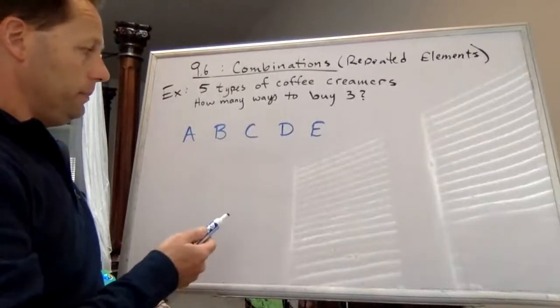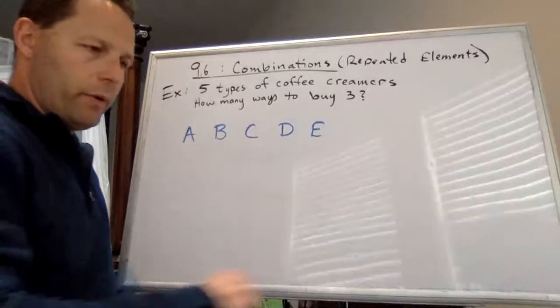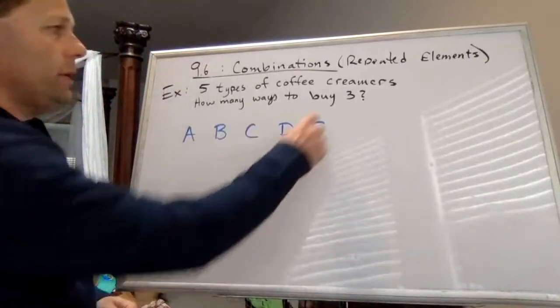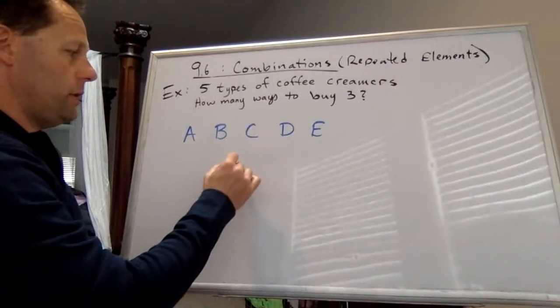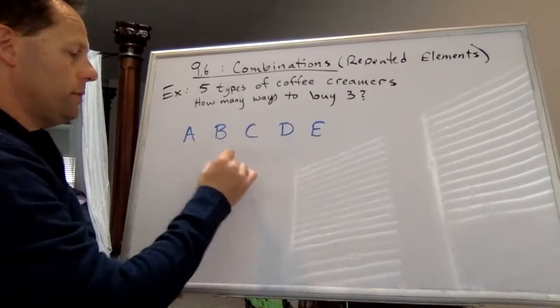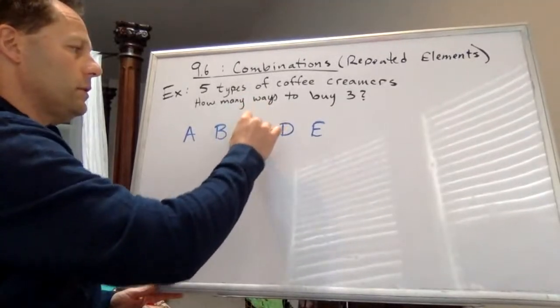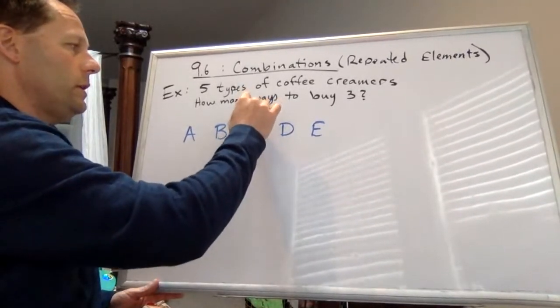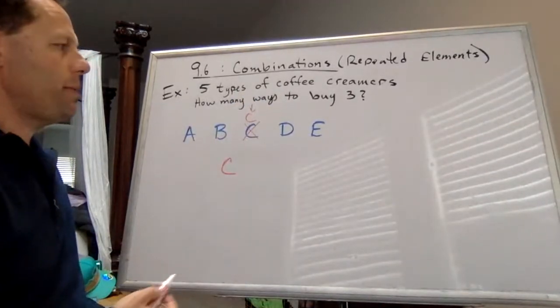Suppose we weren't sure what to do, but we just wanted to pretend like we were making some selections. And so I'm going to buy 3 out of these 5 choices. So let's say that we just chose C. So C comes down, and that's one of my choices. But even though C is now gone, there's a new C that takes its place. So if I wanted to, I could choose C again, but maybe I decide not to.